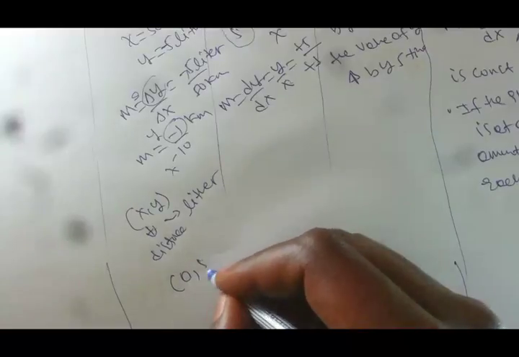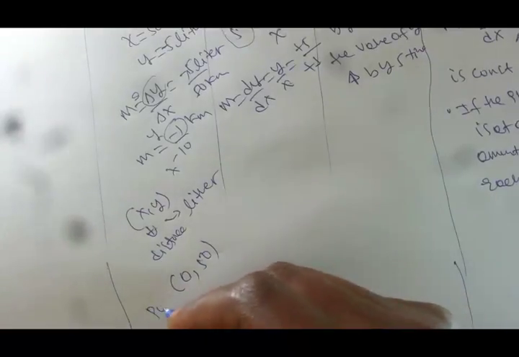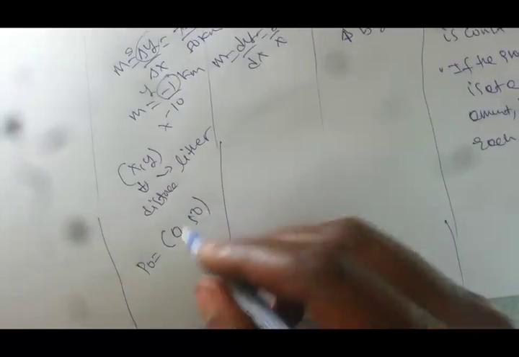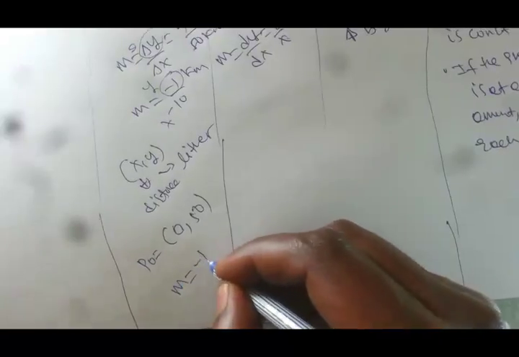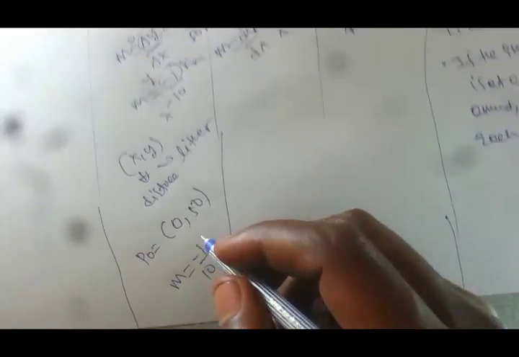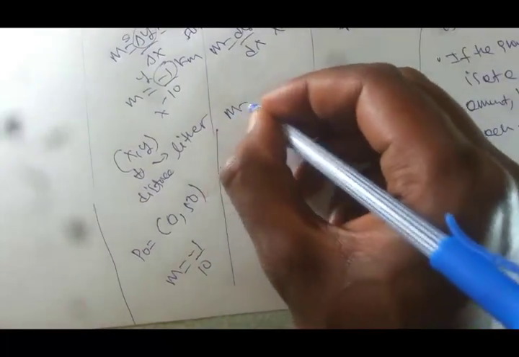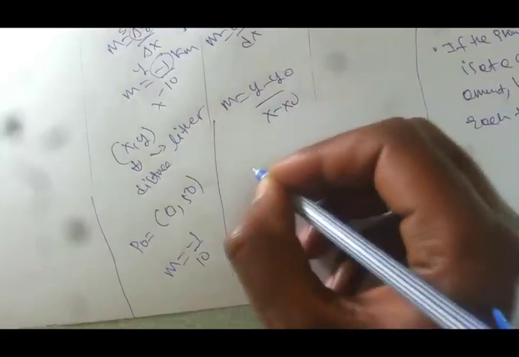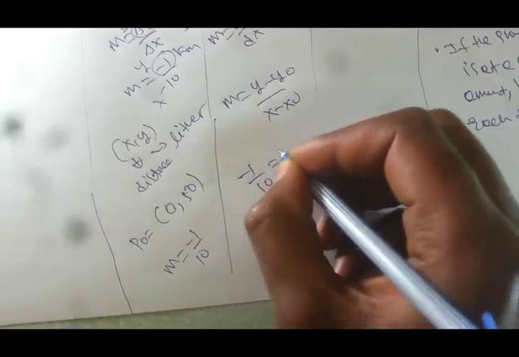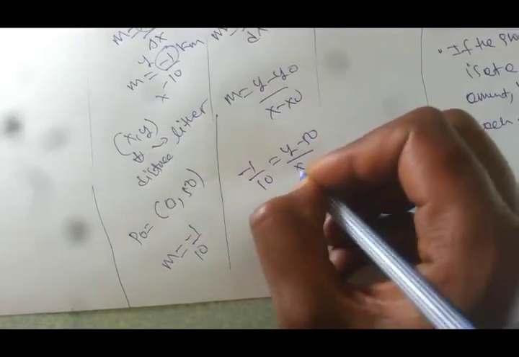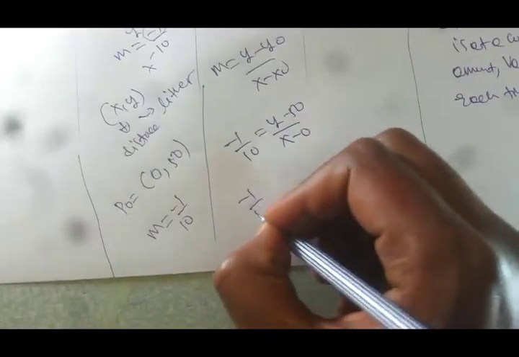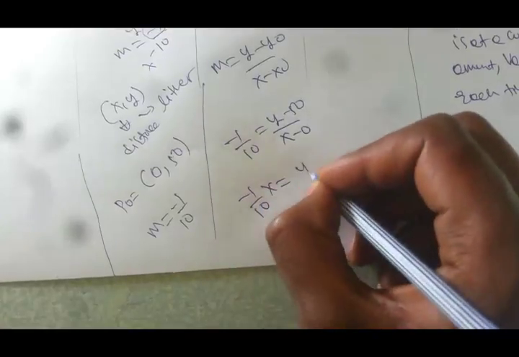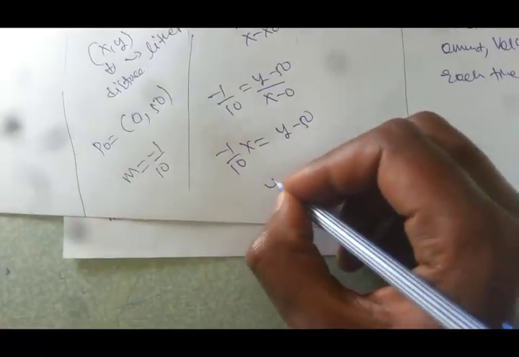So we have a point, this is P0, and we have a slope of minus 1 over 3. So we can make an equation. We know that m is equal to y minus y0 over x minus x0, minus 1 over 3 is equal to y minus 15 over x minus 0, minus 1 over 3x is equal to y minus 15. Therefore y is equal to 15 minus 1 over 3x.